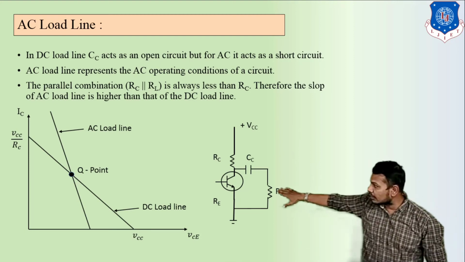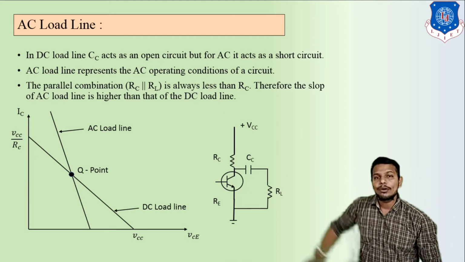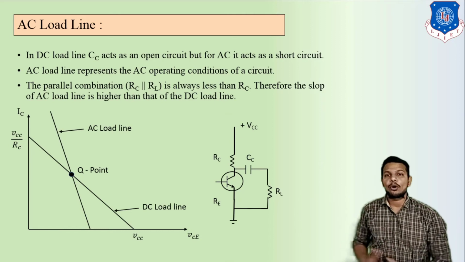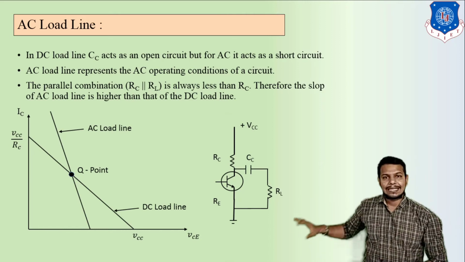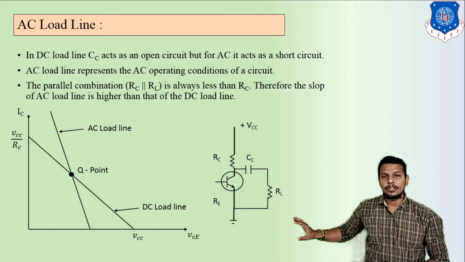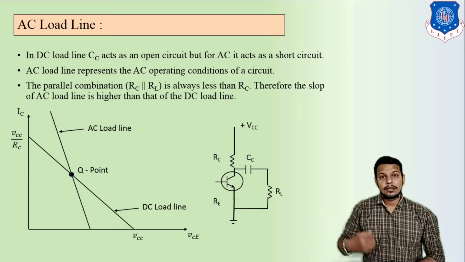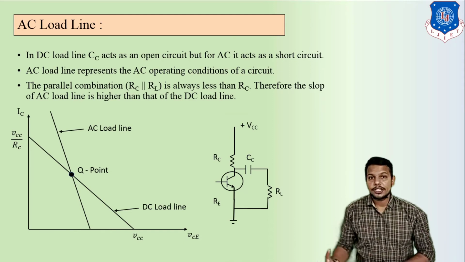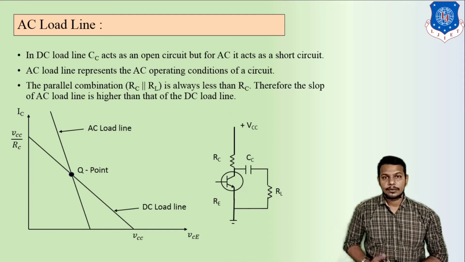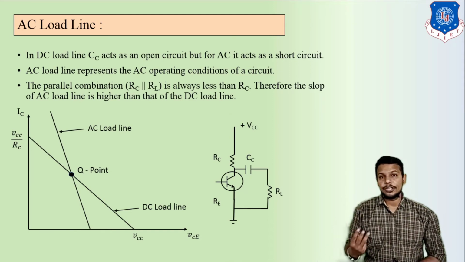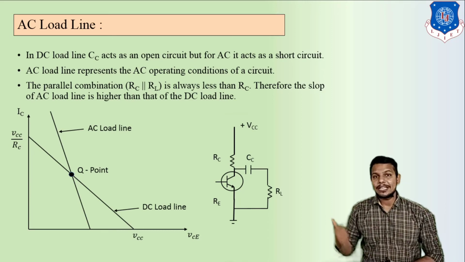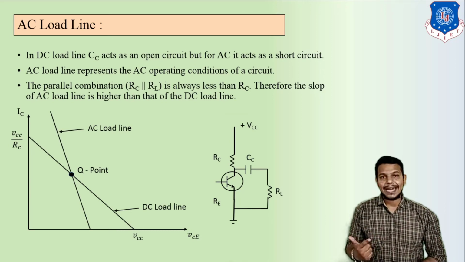Between them we mark the point which is known as the Q point, the quiescent point. We discussed its stability and the three regions in a BJT: saturation region, active region and cutoff region.